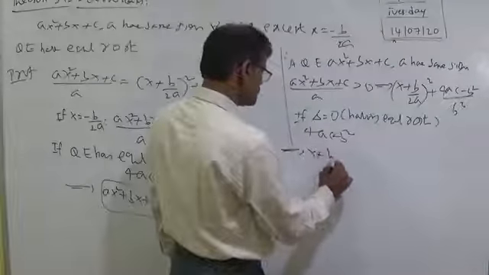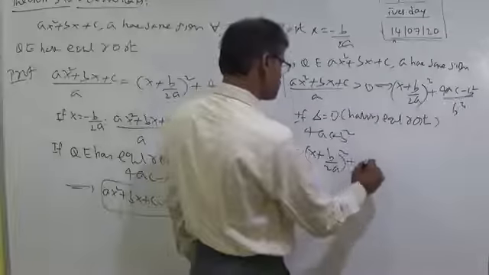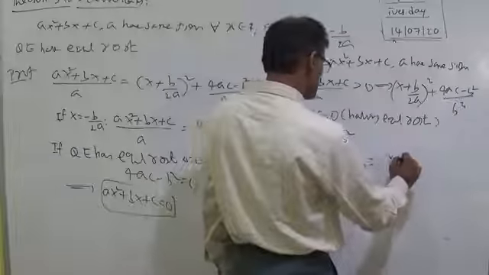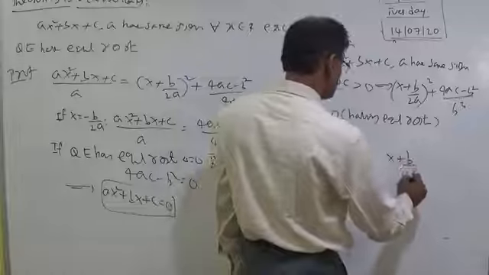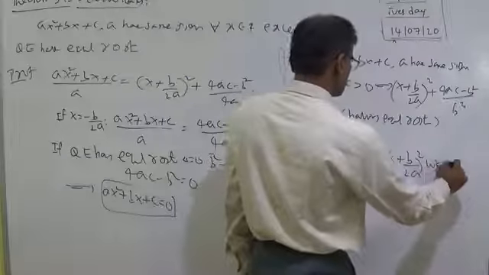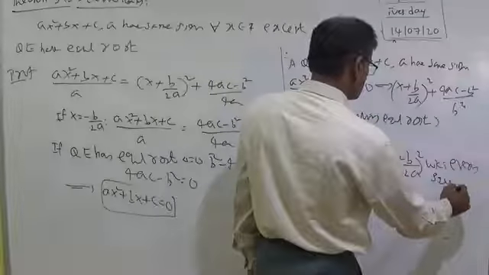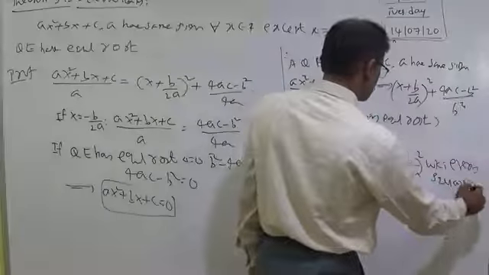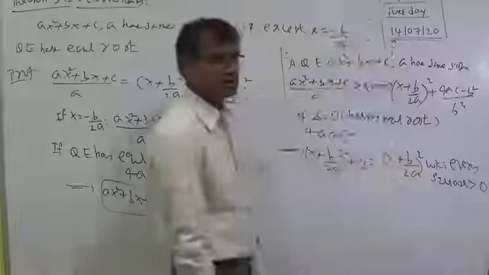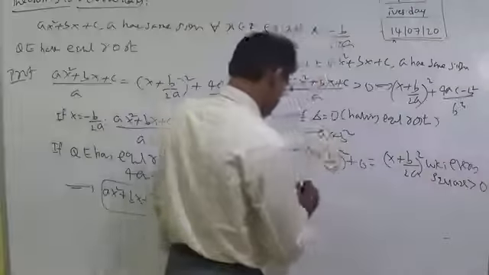So you can understand here, x plus b by 2a whole square plus 0. So what is happening? You can write x plus b by 2a whole square. We know that every square is greater than or equal to 0. But here you should not use the word greater than or equal to, because whenever it is equal to 0 you can erase the same question. Every square greater than 0.